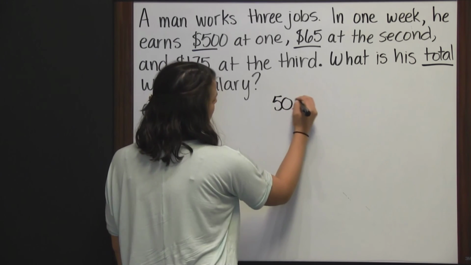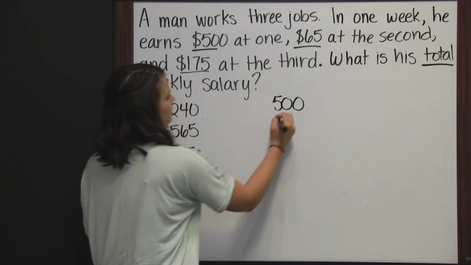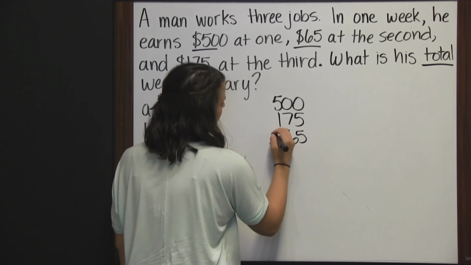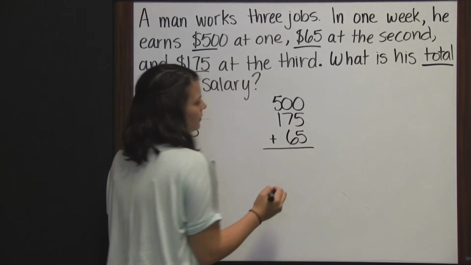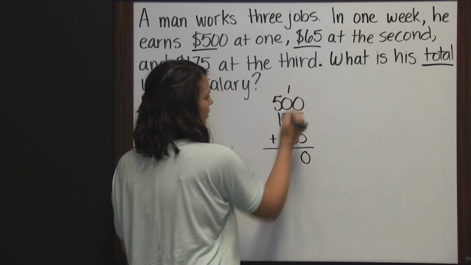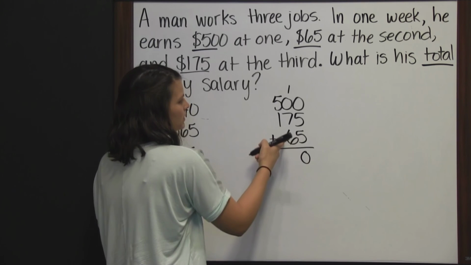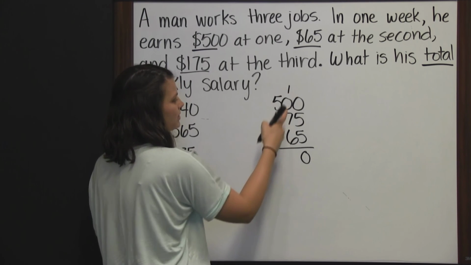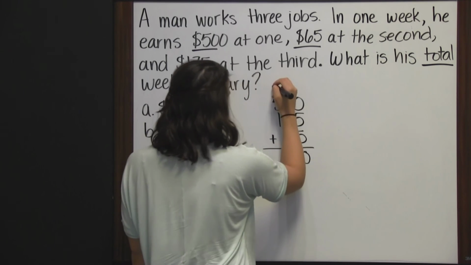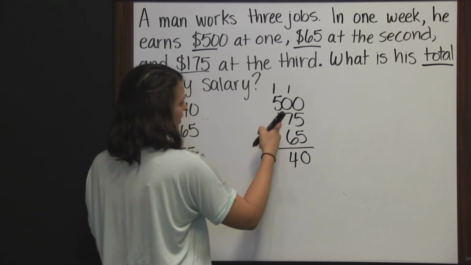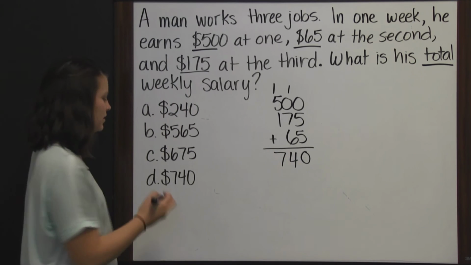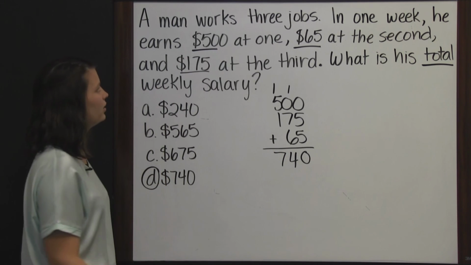So 500 plus 175 plus 65. 5 plus 5 is 10, so write the 0, carry the 1. 6 plus 1 is 7, and 7 plus 7 is 14, so write the 4, carry the 1. And then 5, 6, 7. So that means from his 3 jobs, he makes $740.